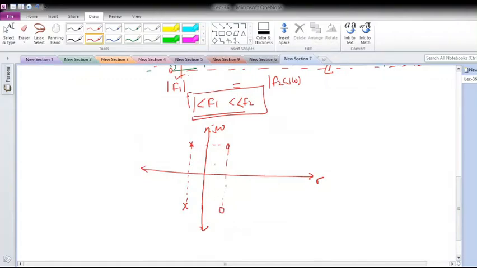Okay, so now if this is the network function, how will it work? Or what is the behavior of it? If I find out the magnitude, what will happen from all the poles? What is the magnitude? So the magnitude, this is n1, let's say this is n2, m1 and m2.